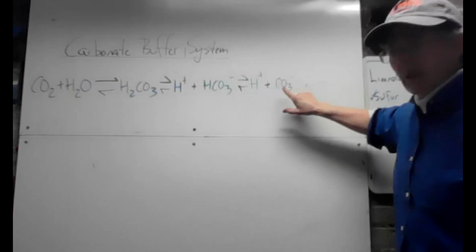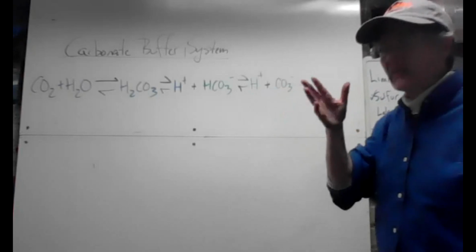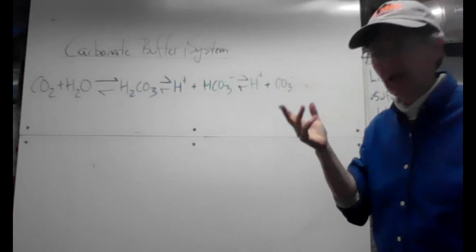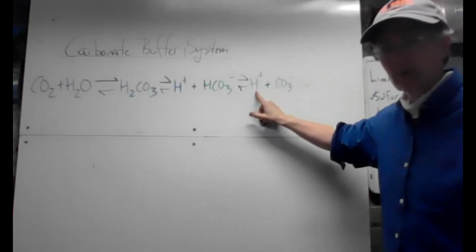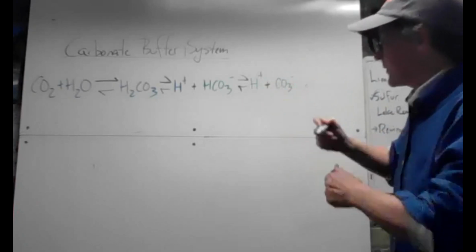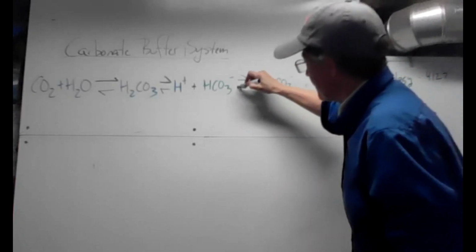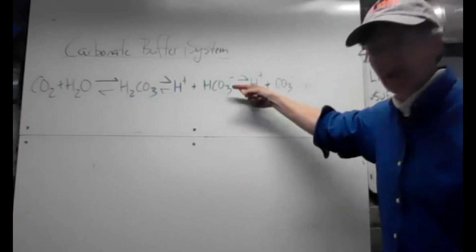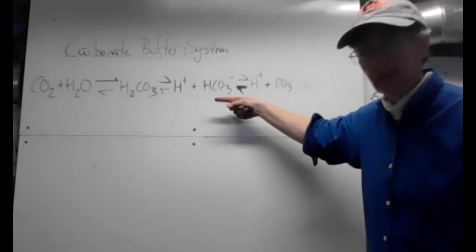That means that each of these carbonate ions at any given microsecond, nanosecond, has a higher probability of bumping into a proton because there's more of them. And that's going to increase this. I mean, there's going to be a whole lot more of this going on.